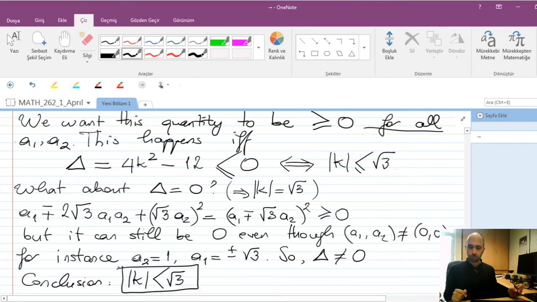That's the answer to the question. These are precisely the values of the parameter k which give you an inner product in this example. When you change k, your inner product changes. You would have different lengths, different angles, whatever. But there's a limitation to where you can choose k. You cannot choose k to be too large or too small. Its absolute value should be less than square root 3.